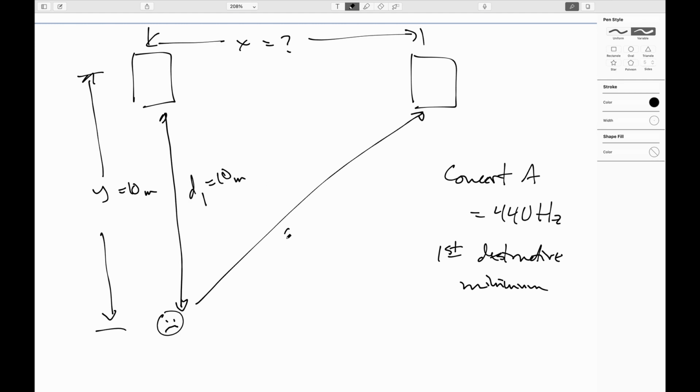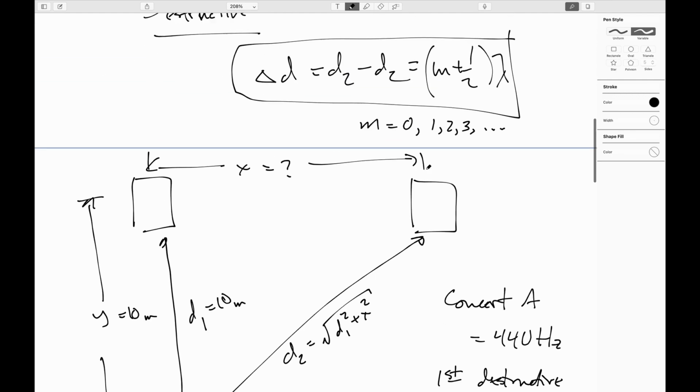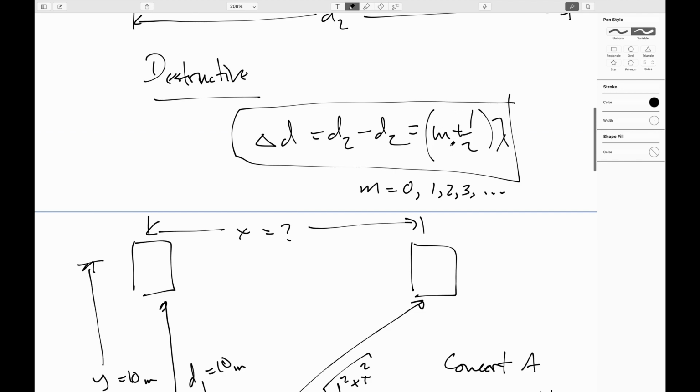This distance here is D2, which we don't particularly know, but we do know that it is the square root of D1 squared plus x squared. Now they gave us an important clue here. They said it's the first destructive minimum. So now you might be tempted to stick in a 1 for m, but don't.